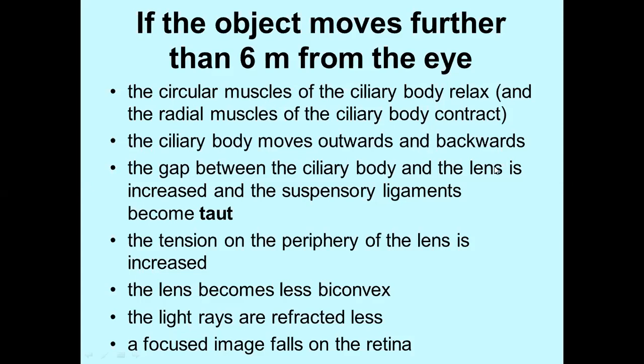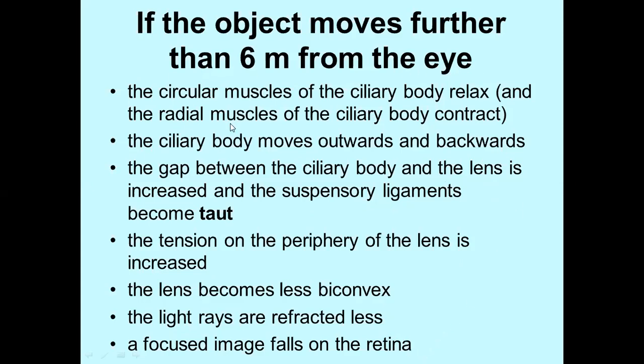Ciliary body moves out and back, gap between the ciliary body and the lens is increased, suspensory ligaments become taut, tension on the periphery of the lens is increased, the lens becomes less biconvex, light rays are refracted less, focused image falls on the retina.